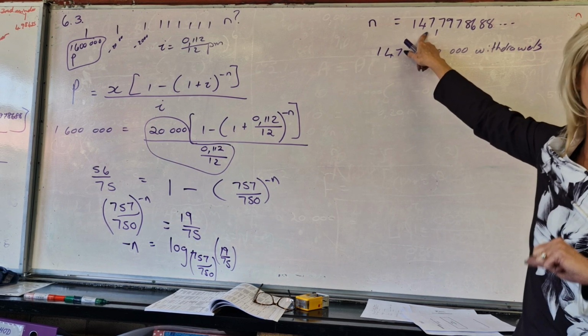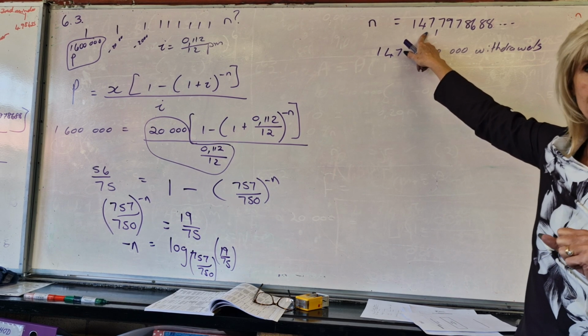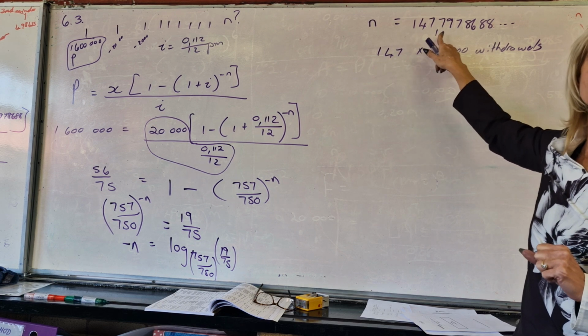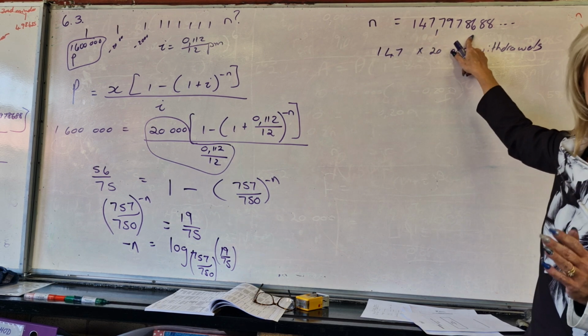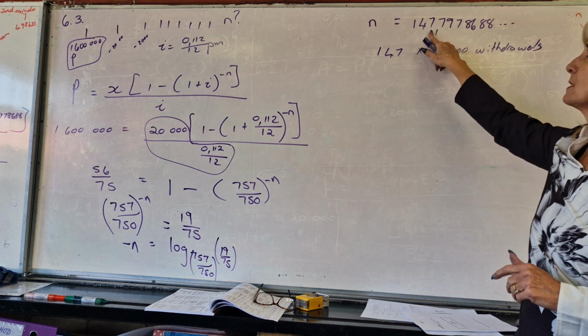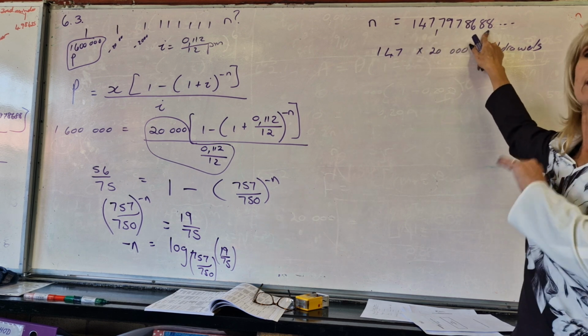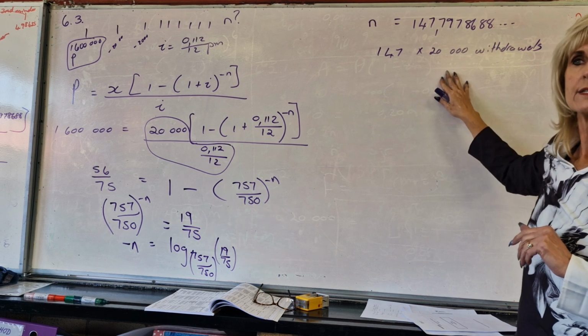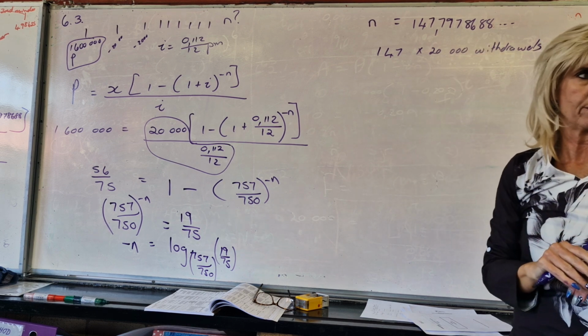There isn't 148. We'd like it to be, but there isn't. There's 147. Whether it's 147,000, there was 147. If this was 147,9999, there isn't 148. It's only 147, and that was the end of the question paper.